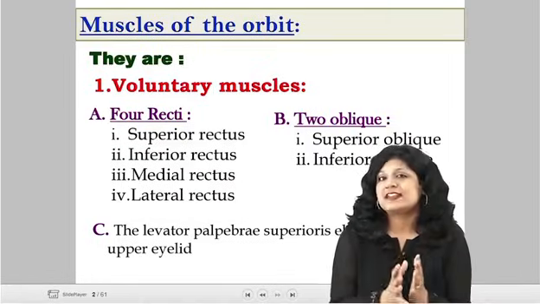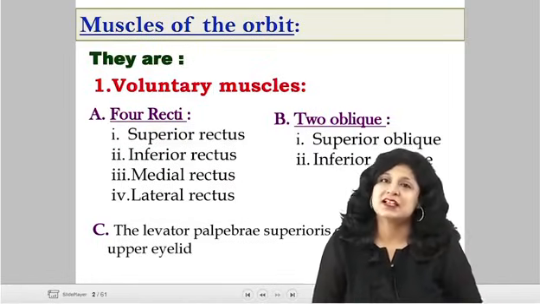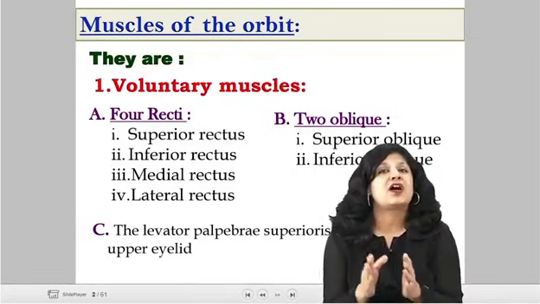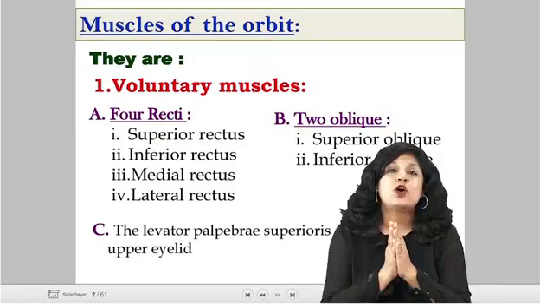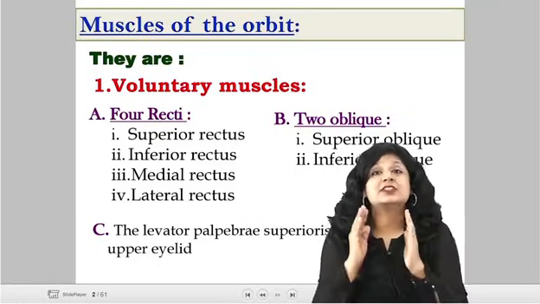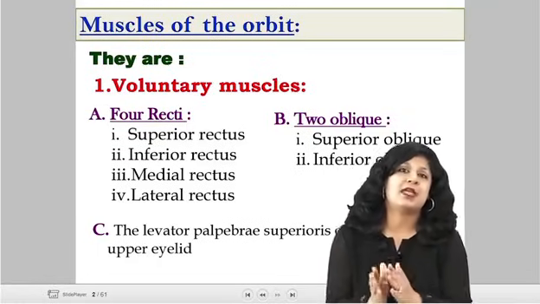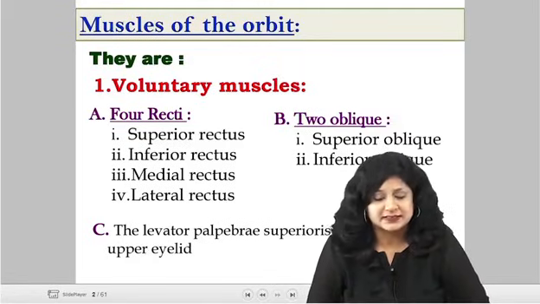As I always say, LPS is also an extraocular muscle. So don't get confused that we have 6 extraocular muscles. No, you have 7.